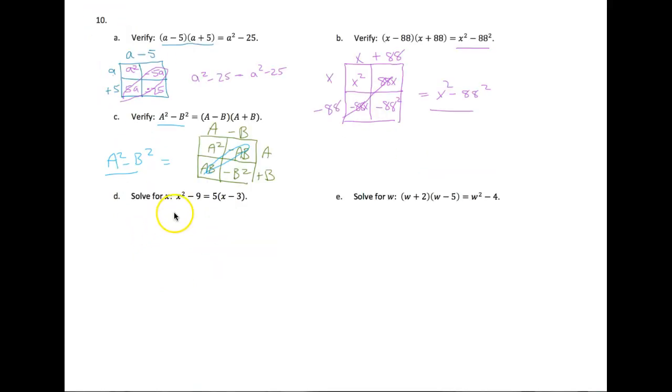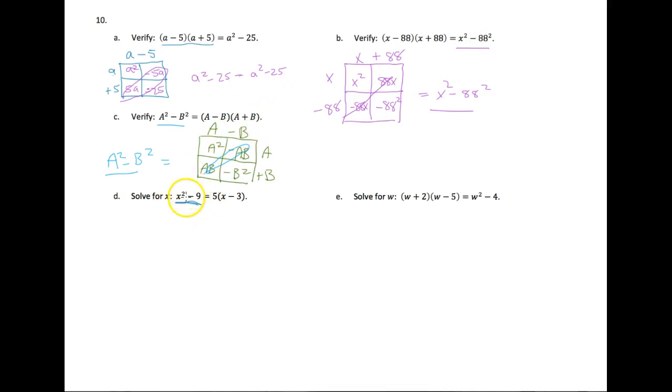All right. This problem is a little trickier, but this problem says, let's think about x squared minus 9. And if you think about this pattern, we had a squared minus 25. That was a minus 5, a plus 5. 5 is the square root of 25. 88 was the square root of 88 squared. And we had b squared being the square root of b.